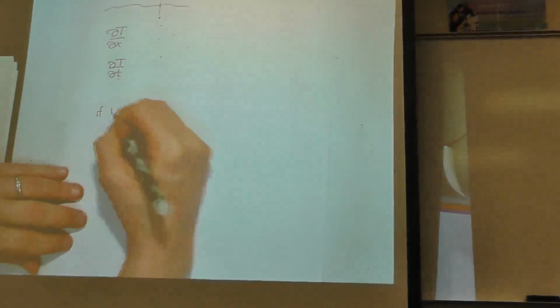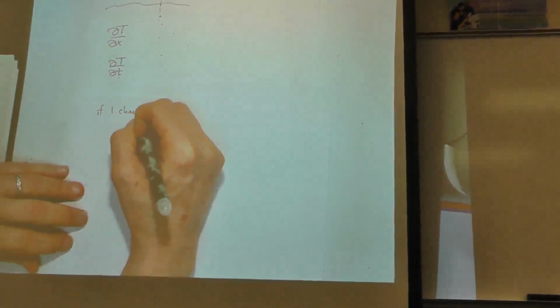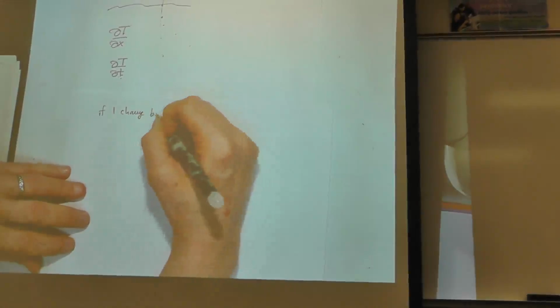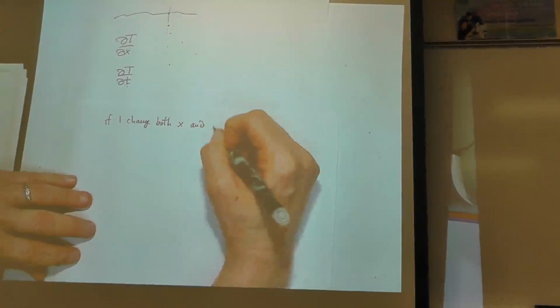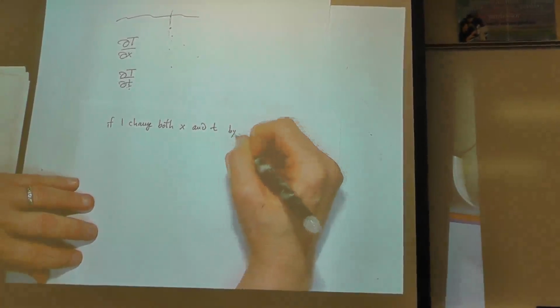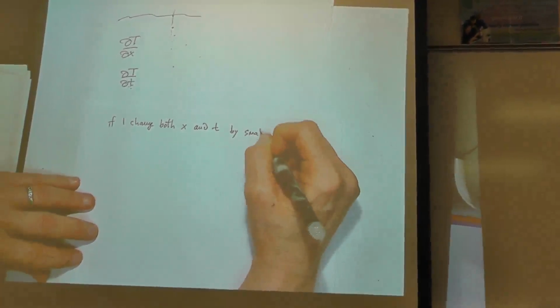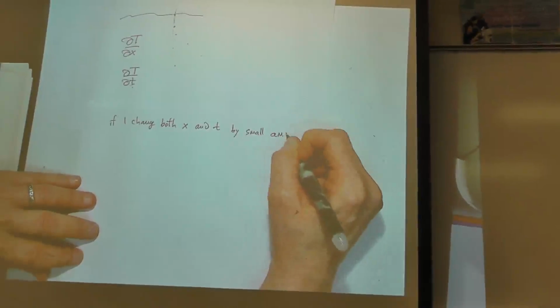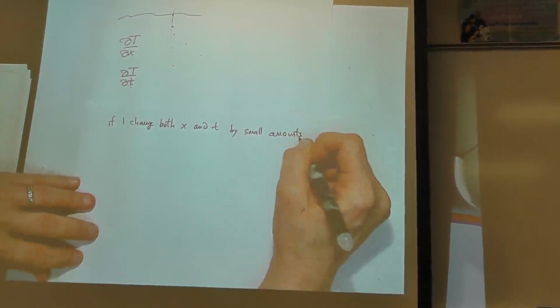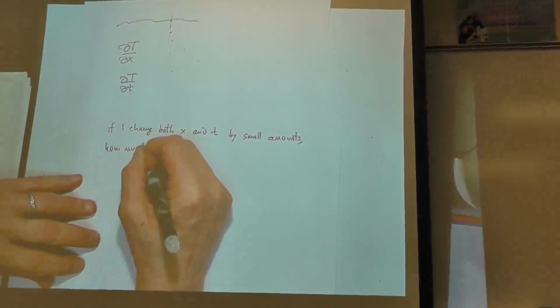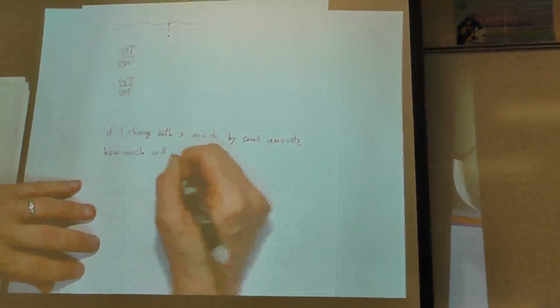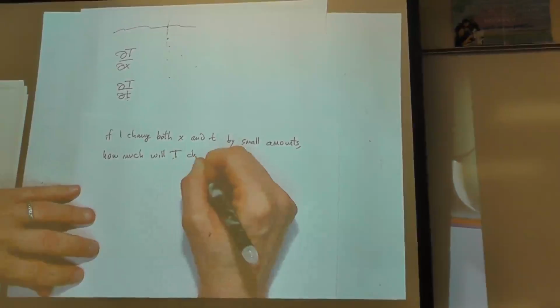If I change both x and little t by small amounts, how much will the temperature change?